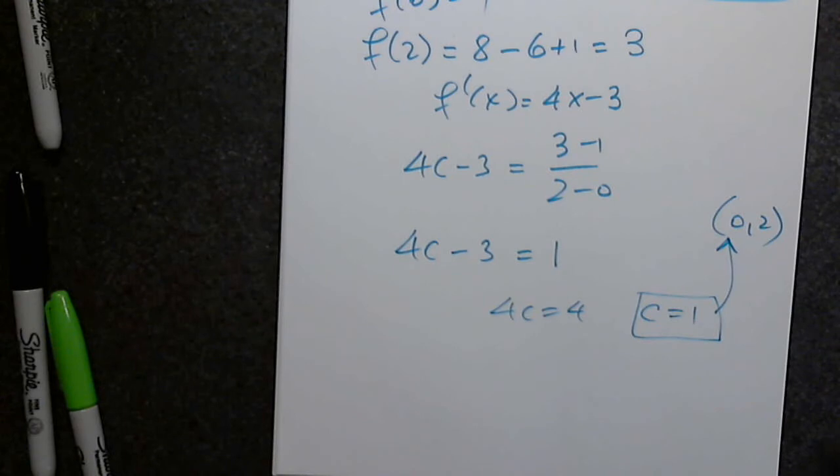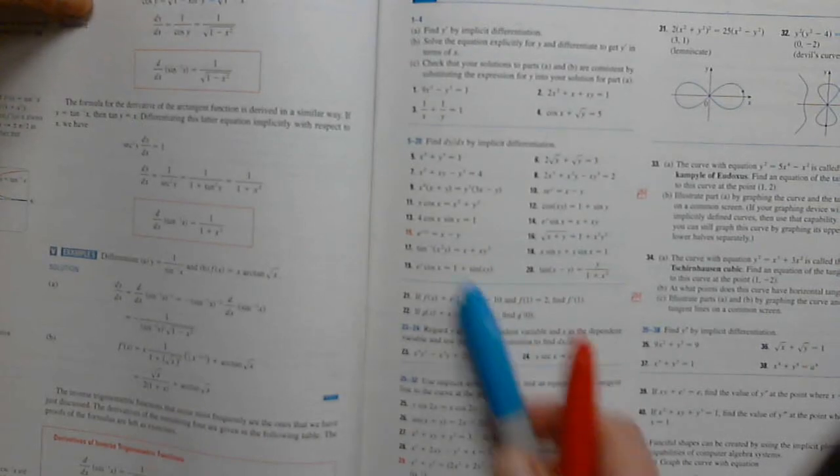Product, chain rule 3.4, implicit differentiation in 3.5. It doesn't have to be from these, it can be from these, whatever you want to choose. Number 13. Number 13, very good.